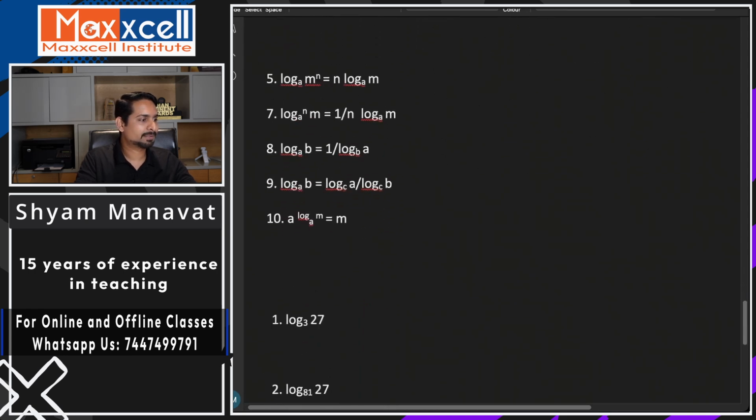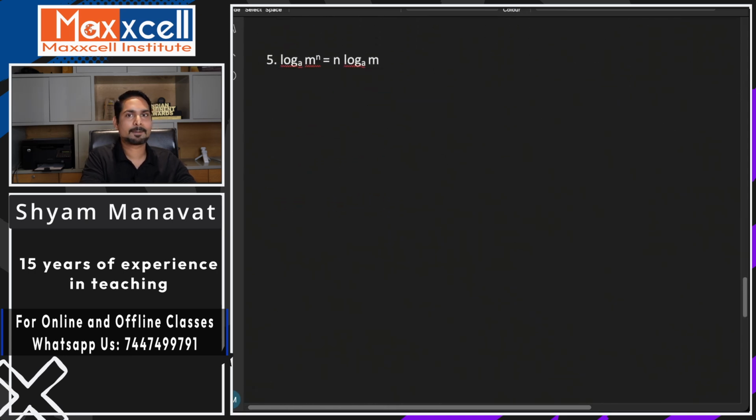Rule number 5: if you get any power of the number which is inside the log, then that power will come as a multiplication of the log. Let's take one example. Log of 5 square base 10. First you should understand, this is not equal to log of 5 base 10 whole square.